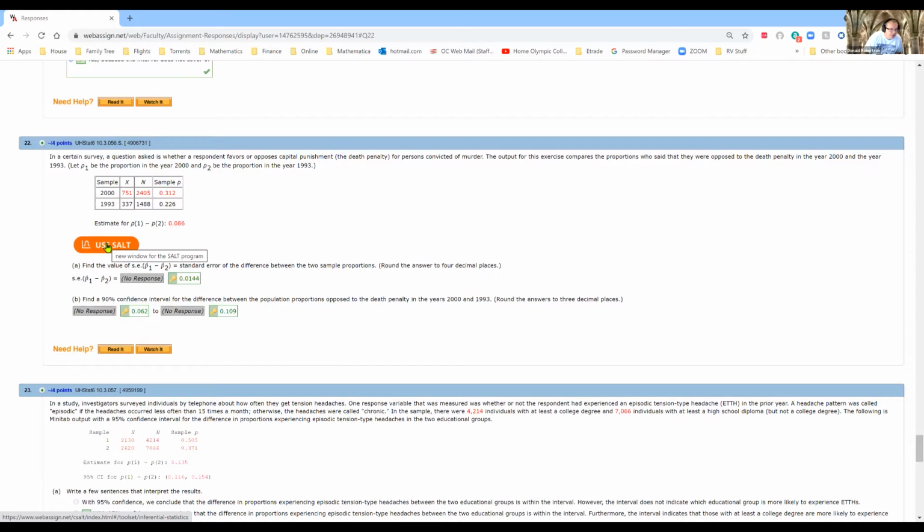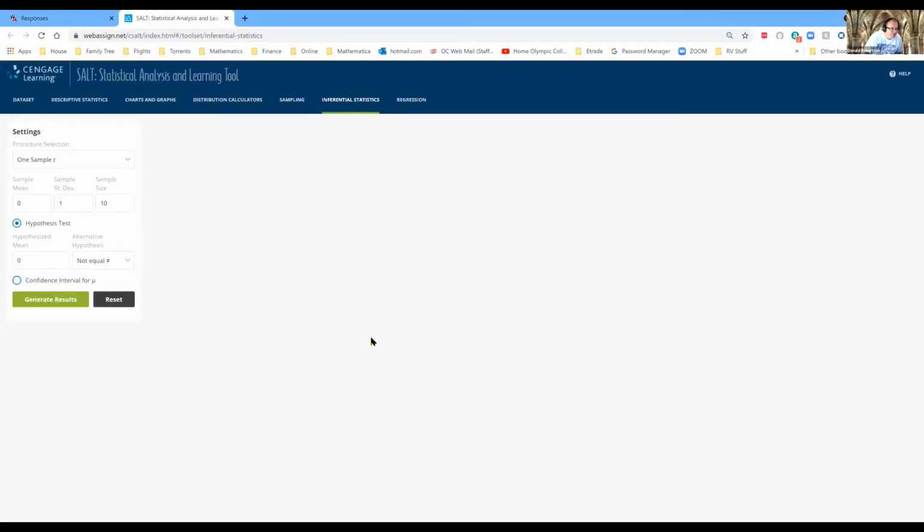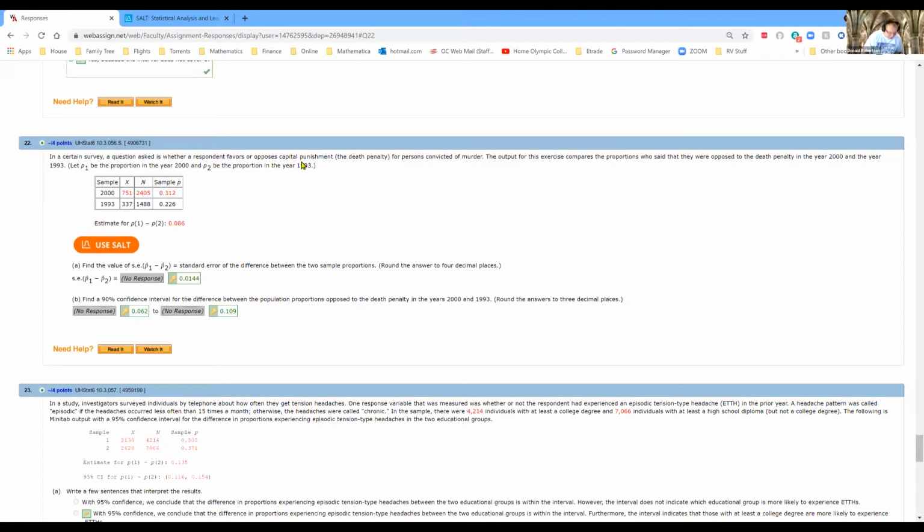Use salt. Okay, hopefully when you hit it, it remembers what question you're in. Right, so it's one sample. No, it doesn't. So yeah, I'm going to have to go back in and write down numbers. It's 2 samples. So the first one has 2000 in it, and the second one has 1993 in it. No, it isn't.